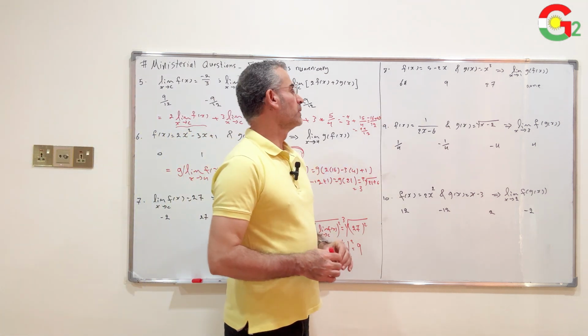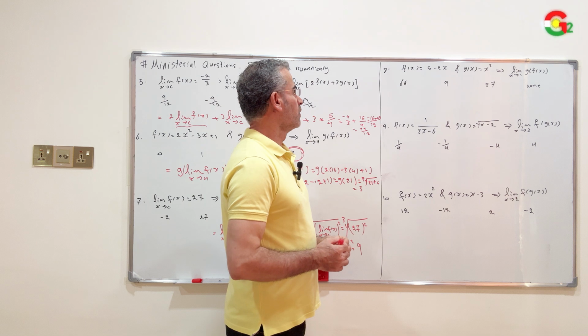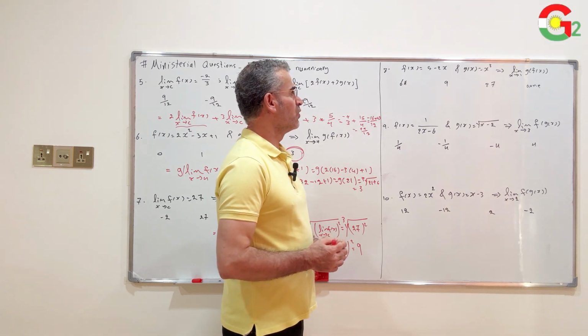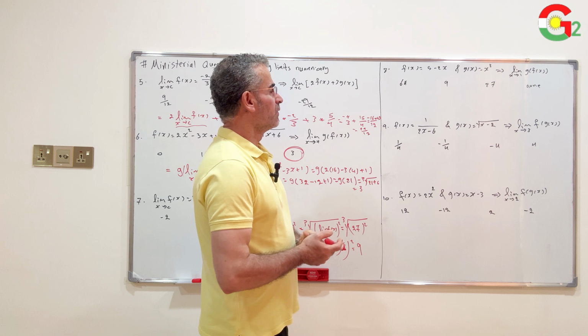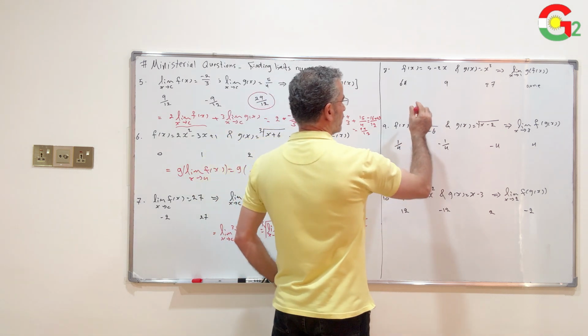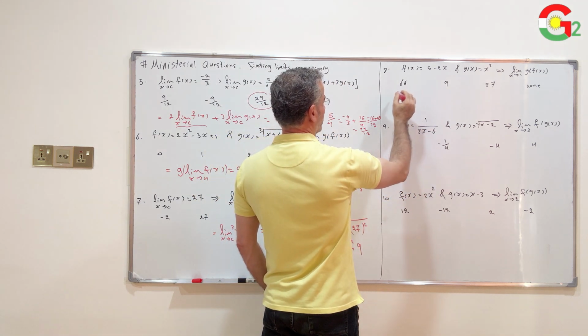Question number 8. f of x equals 5 minus 2x and g of x equals x power 3. Find the limit of the composite function g of f of x when x approaches 1.